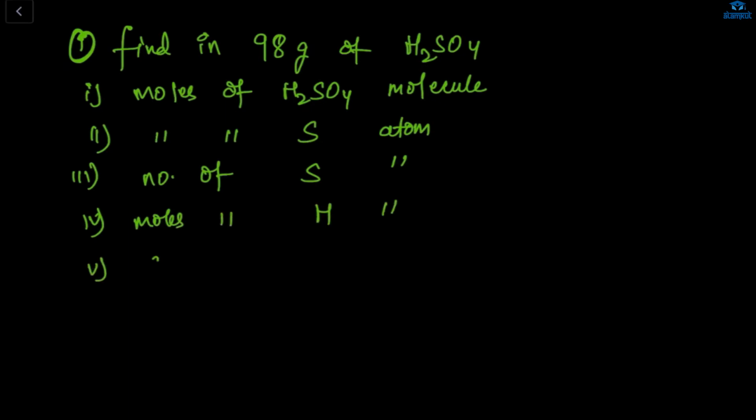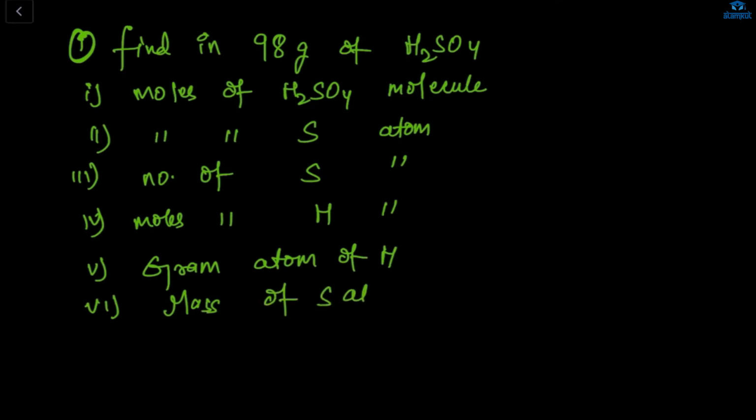Fifth, gram atom of hydrogen. Sixth, mass of S atom. And the last one is moles of O atom. H is 1, S is 32, and O is 16. Now you have to find all these.